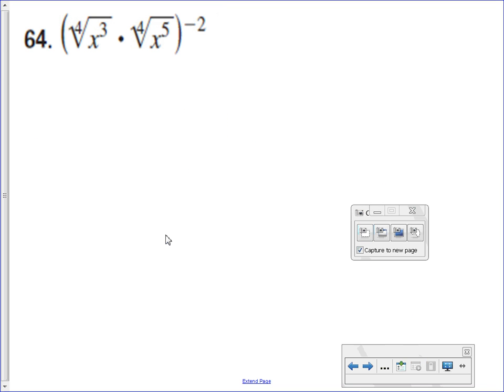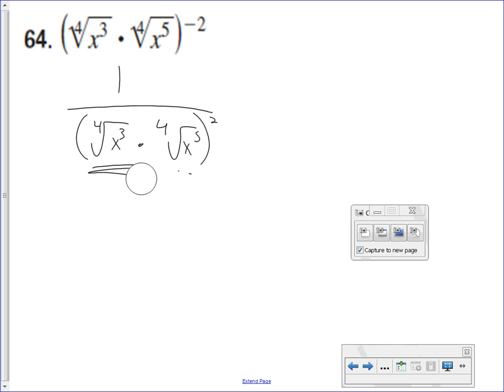So in this problem here, you've got a whole bunch of junk that's not happy where it is. Send it to where it's happy. Now, in the denominator, in the parentheses, can I combine those two?